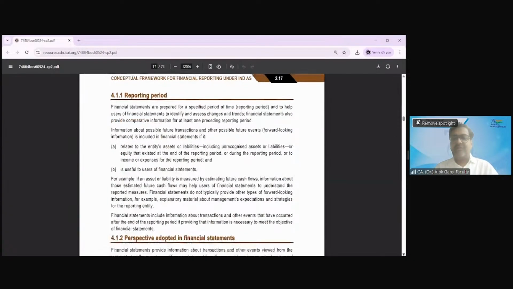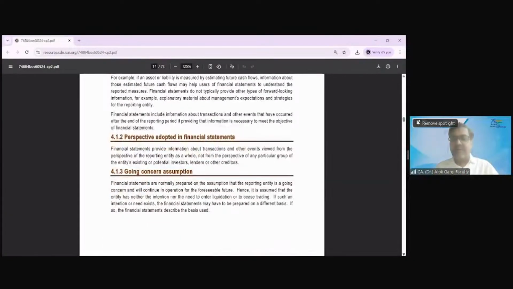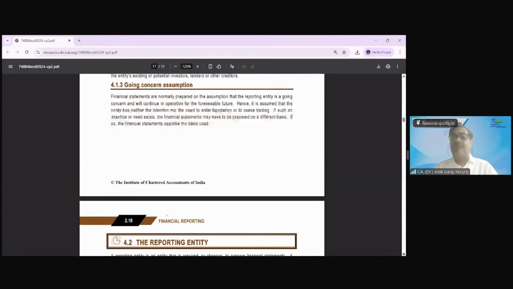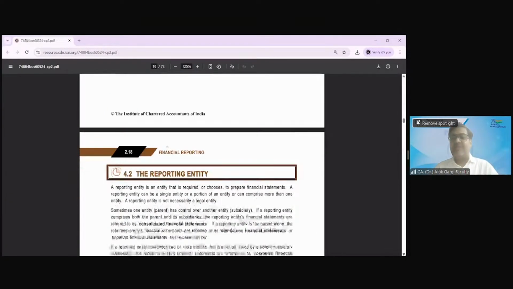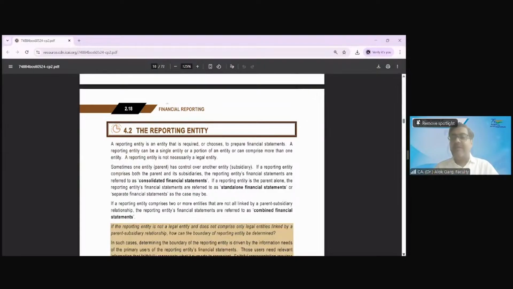The reporting period is your reporting year. Transactions and events have to be prepared on accrual basis and going concern basis. Who is the reporting entity? A reporting entity is an entity that prepares and presents the financial statement. In consolidated financial statements, the reporting entity is the parent, as it is a group financial statement.